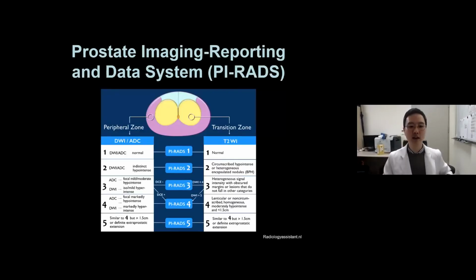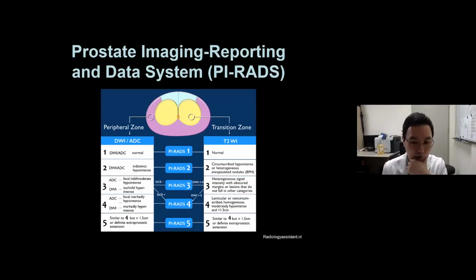And there is a reporting system named the Prostate Imaging Reporting and Data System, PI-RADS. The PI-RADS is an assessment category determination, and it determines the likelihood of clinically significant prostate cancer, which can be defined as a tumor higher than Gleason score 7. So detecting this tumor and making a category is the purpose of the PI-RADS.